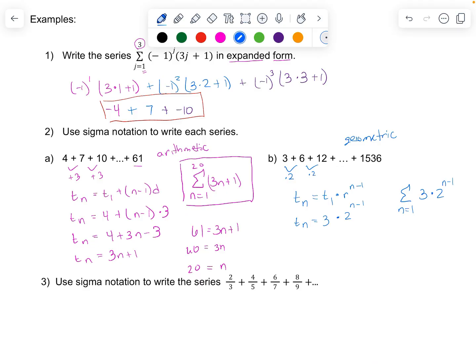Now again, we need to figure out what that something is, so we're going to do 1,536 is equal to 3 times 2 to the n minus 1. We're going to divide both sides by 3 first, so that would give me 512 is equal to 2 to the n minus 1. 512 is going to be 2 to the 9th power is equal to 2 to the n minus 1.